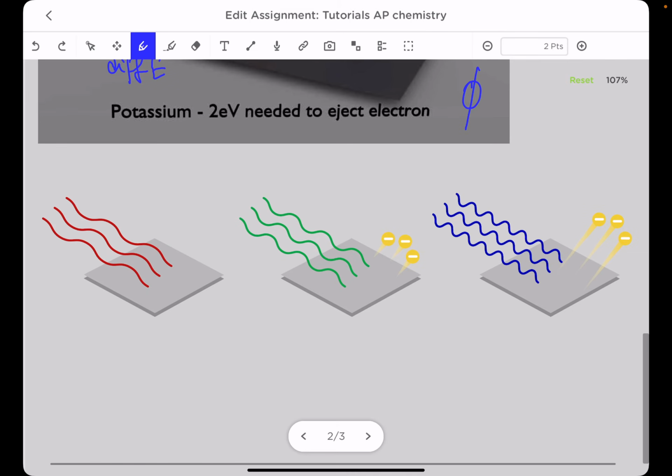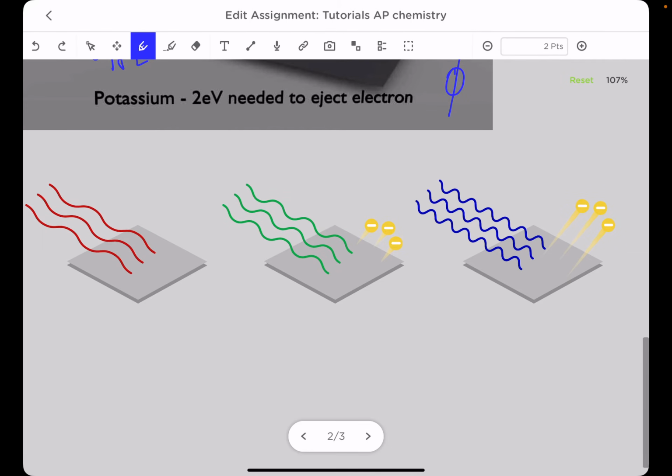Now, let's look at another example. Let's say here, this is the light emitted at the metal. But the energy of this light is not enough. We did not meet the threshold frequency. Therefore, no electrons are emitted. This one, we have a higher energy. The light is coming with a higher energy.